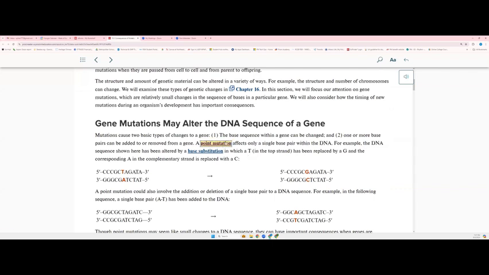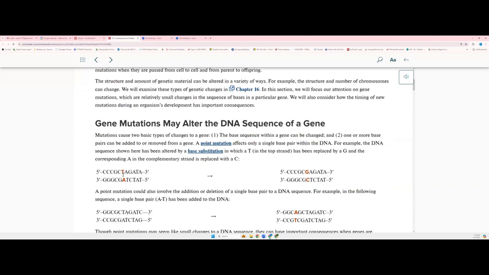What does point mutation mean? This type of mutation can affect only a single base pair within the DNA. For example, this is the original gene sequence, right? Point mutation means it's gonna change one single base pair.